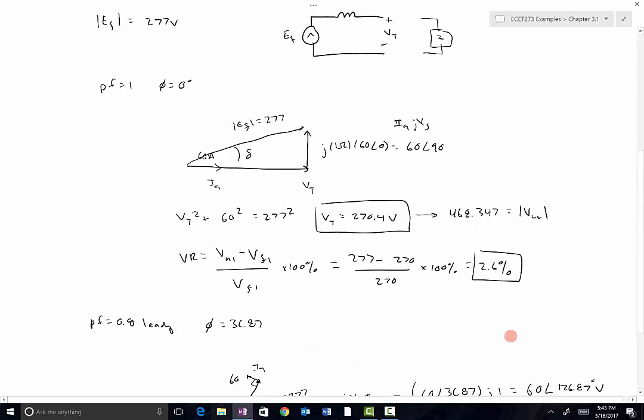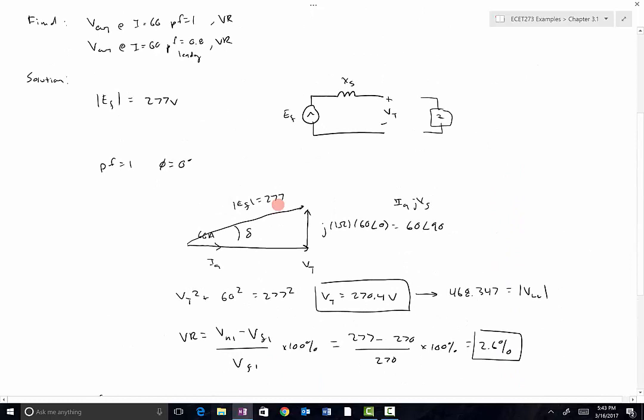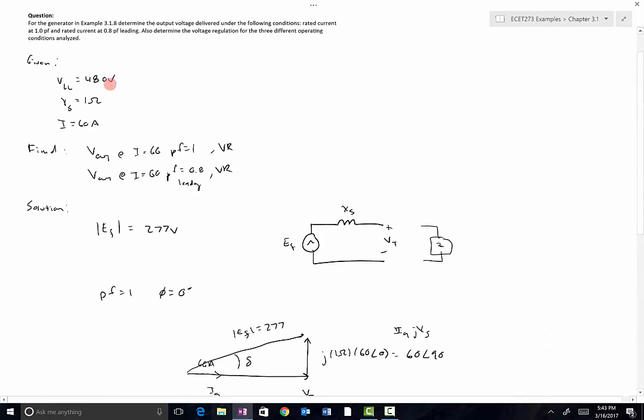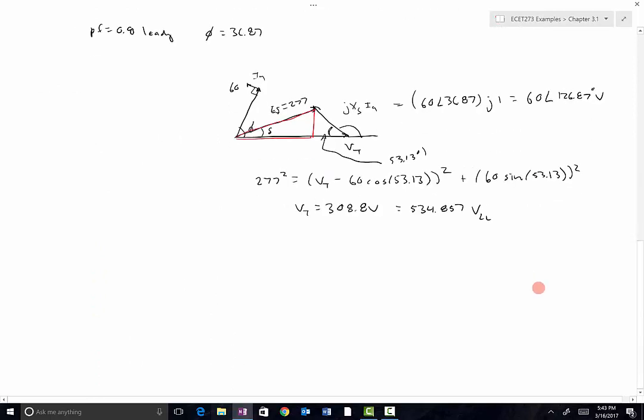If we look at our no load voltage, it was specified as 480, but if we throw a capacitive load on that, it actually causes the output voltage to go much higher, 534 right there. We can calculate the voltage regulation here. Voltage regulation is going to be equal to no load voltage. I can use a line-to-line quantity here or a phase quantity.